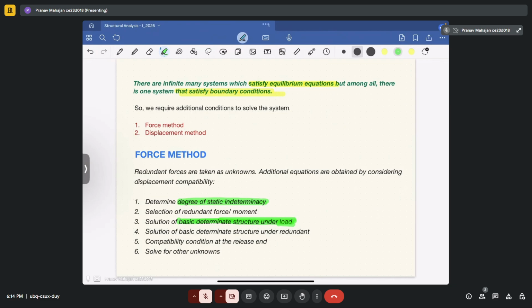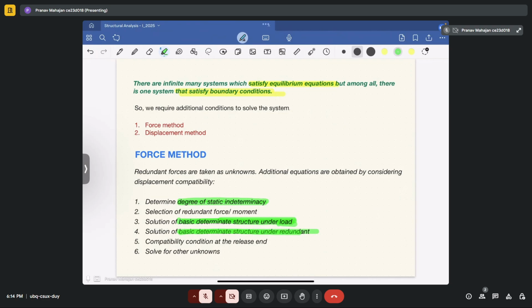Then in the next step, you will find the solution of the determinate structure under the redundant. Now you will remove all the external load, and then you will apply only the redundant force, and then you will see at that particular point how much displacement you are expecting only due to the redundant force.